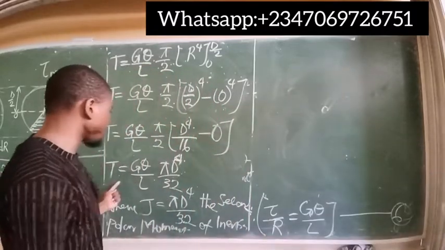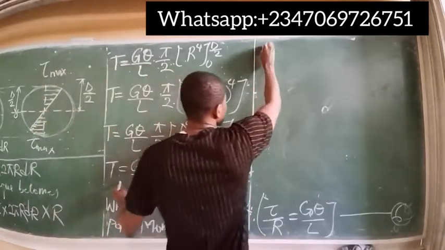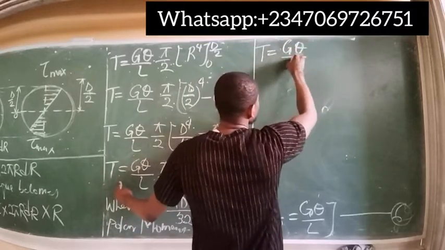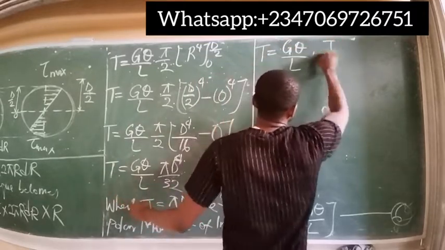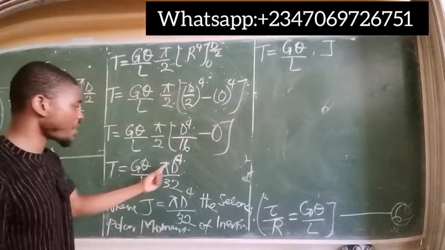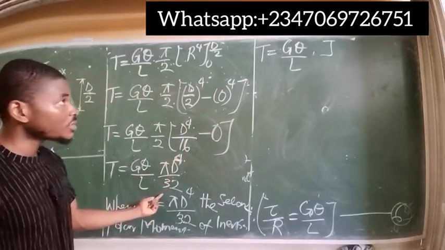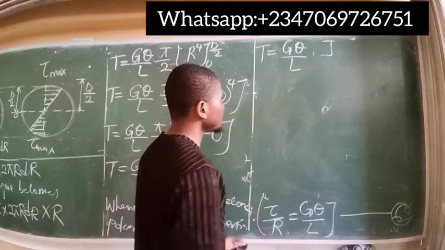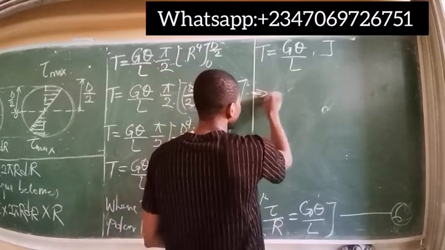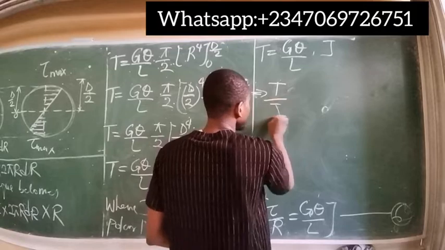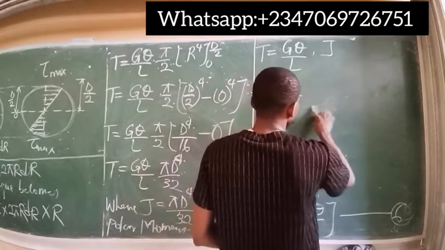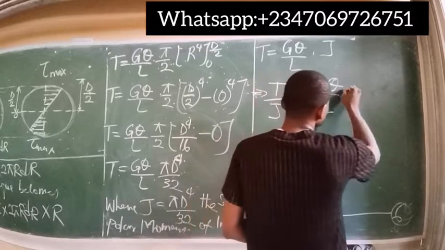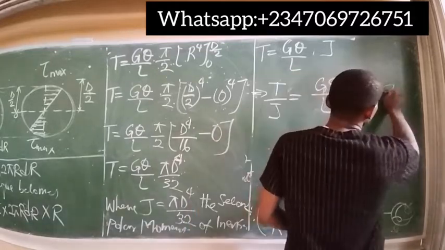If we do that, now in place of this equation, we simply have T equals Gθ all over L times J, where J stands for πd⁴ over 32. Let's now divide both sides by J. If we divide through by J, we simply have T all over J is equal to Gθ all over L. Let's call this equation 7.